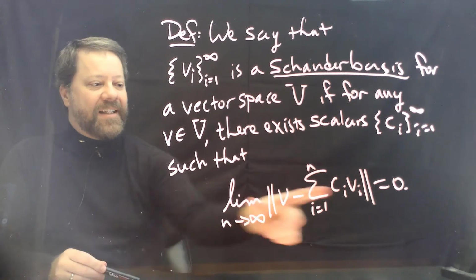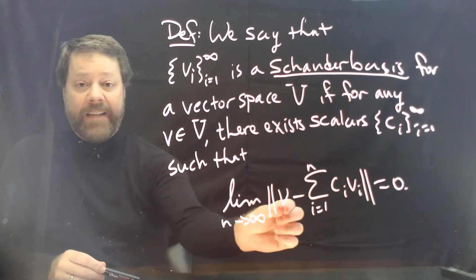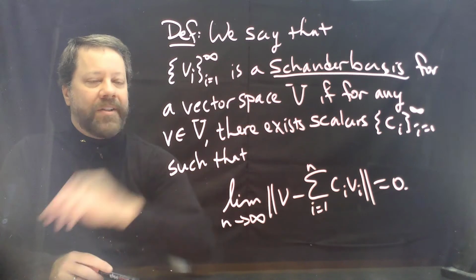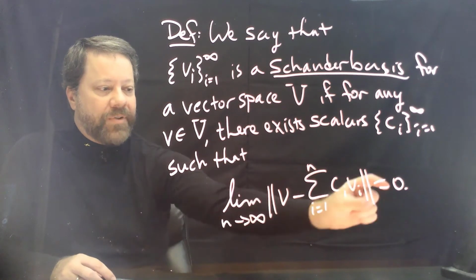So you can see the distance between any given vector and some linear combination of vectors in the Schauder basis will go to 0.